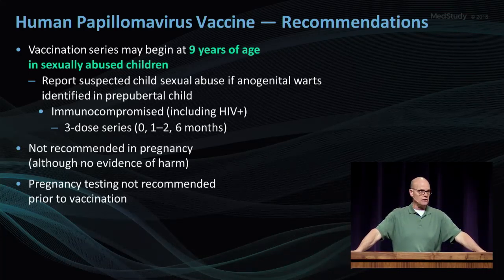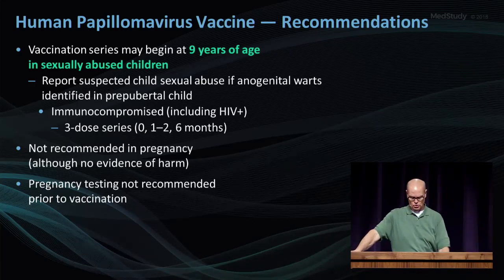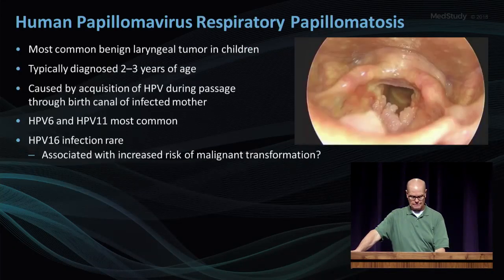There's no evidence of harm, but with the exception of flu vaccine and Tdap, you're generally not going to want to immunize women who are pregnant. Immunizing with the flu vaccine is very important during pregnancy, along with Tdap.